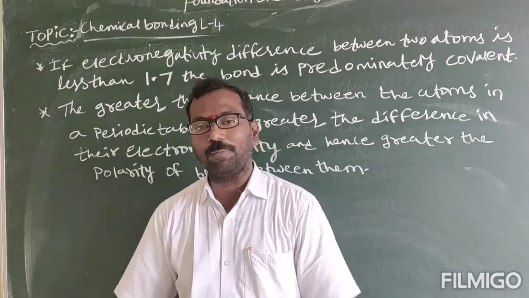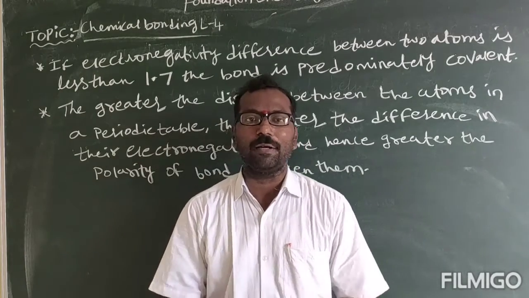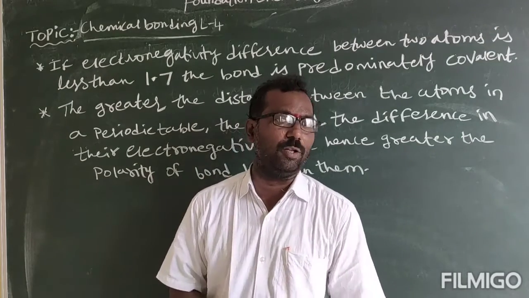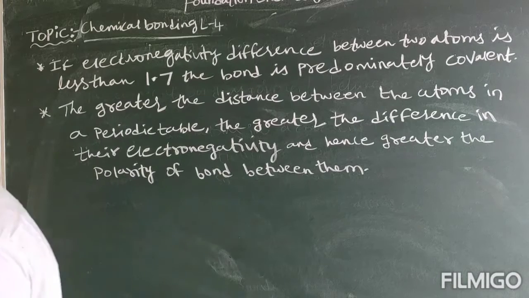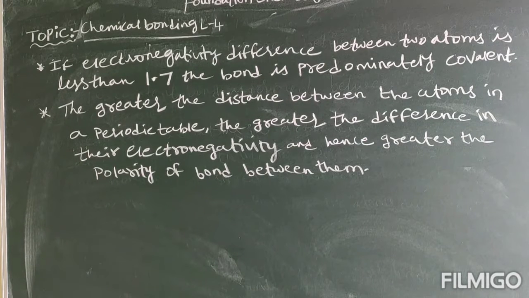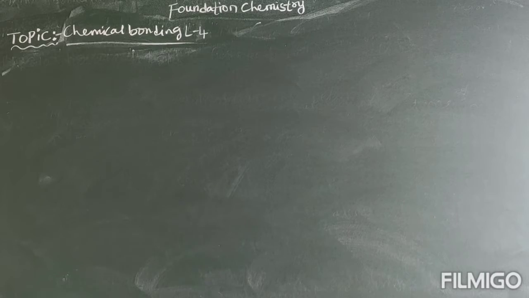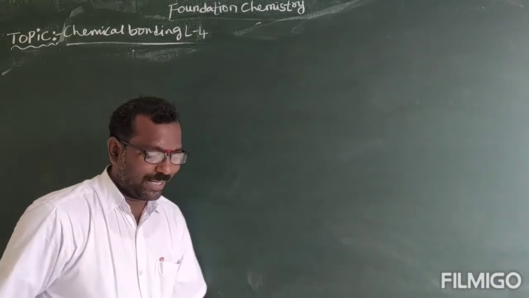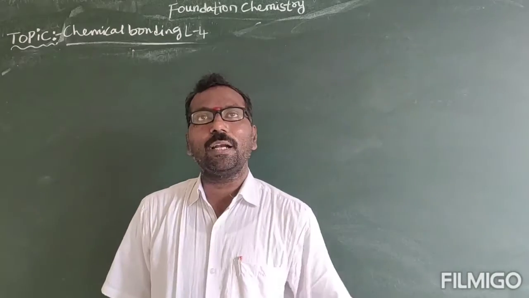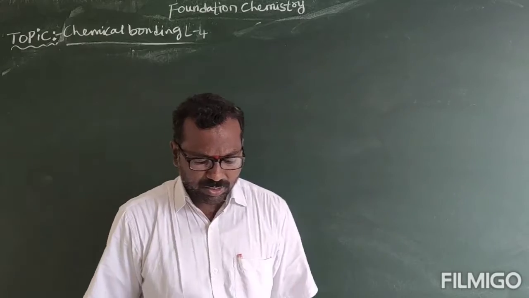Before we enter into polarization, we want to have a concept regarding covalency also. Okay, now we will be discussing the valency and covalency concept. So already we had a clear-cut discussion.